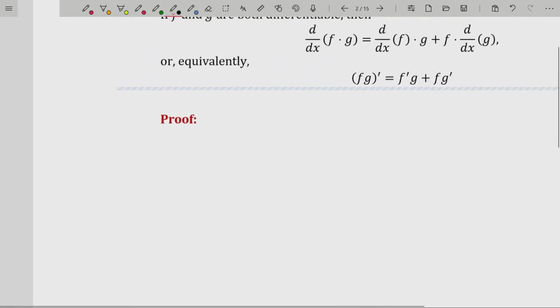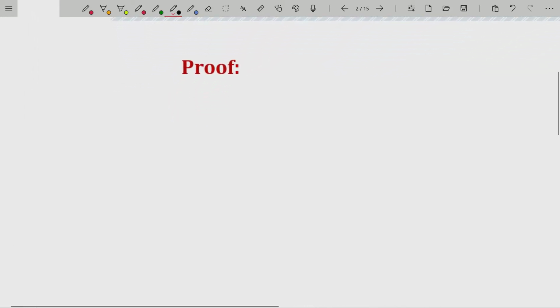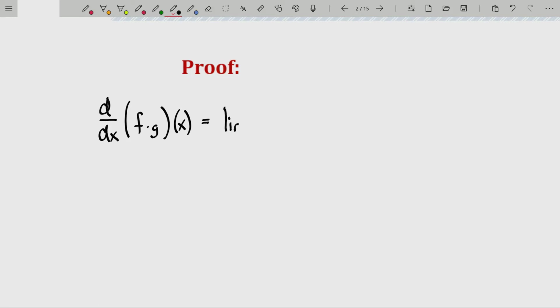So we want to investigate the derivative of f times g. So let's go ahead and start with that. The derivative with respect to x of f times g. It's really f of x times g of x, but we'll just write it like that. Well, by definition, that's the limit as h goes to 0 of the difference quotient. Instead of f of x plus h minus f of x, we have a different function name here.